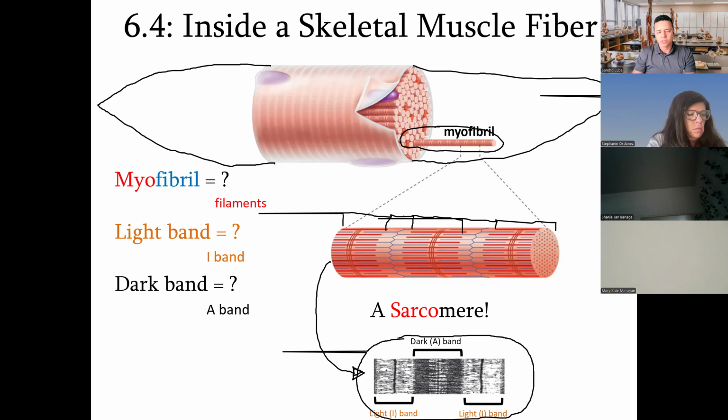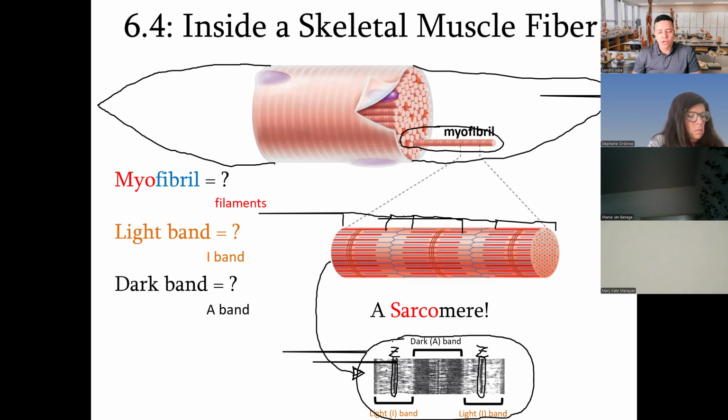And I want you guys to take a look right in the middle of the light bands. We can see that in the middle of the light bands, there is this dark line right there in the middle. This dark line is a protein that is called the Z disc. Okay, the Z disc.